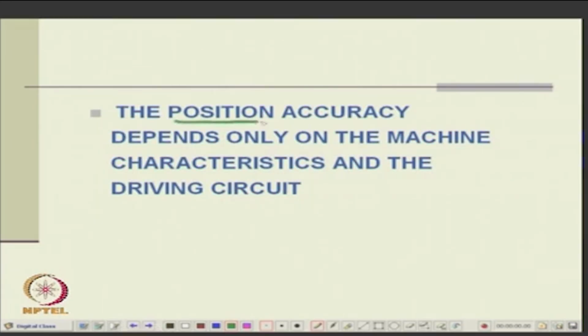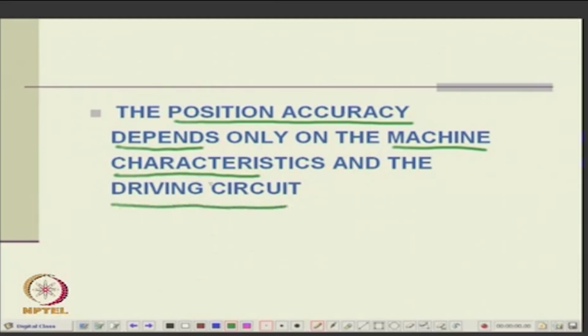The position accuracy depends on the machine characteristics. How accurate it is depends upon the machine characteristics and also the driving circuit. What is the circuit you are using? What will be the response of that circuit? Because normally you pass a voltage which will cause a current in the coils.